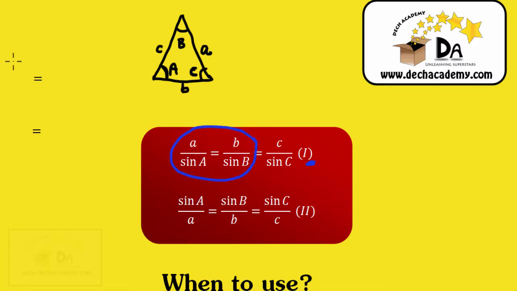This equation simply says that a divided by the sine of angle A is equal to b divided by the sine of angle B. Here's another equation.